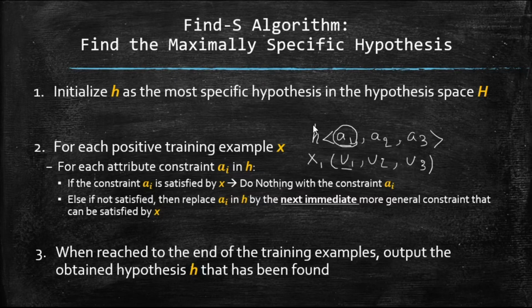Then we go to the next constraint, A sub 2. And then we ask ourselves, does V sub 2 satisfy A sub 2? Now, let's say in this case it doesn't. Then we have to change A sub 2, right? Change to what? We have to ask ourselves, why doesn't V sub 2 satisfy A sub 2?